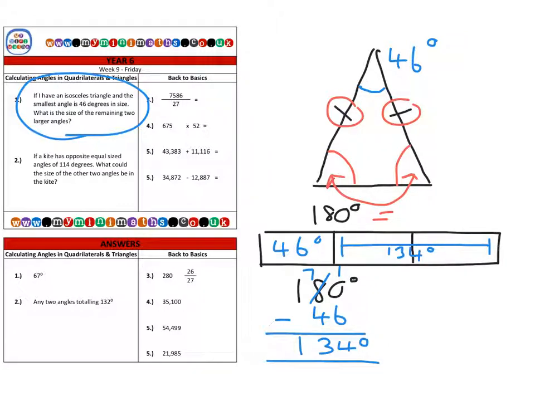And all I need to do then is to split them in two, so divide them by 2, halve them, which is 67 degrees. And I know that each of these are identical, so each of these are worth 67 degrees.